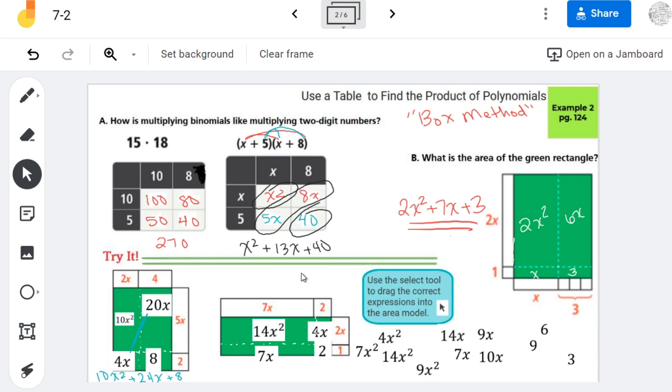So now that we filled in that area model, now I'm going to collect those like terms. And the only like terms I have between these four numbers is the 7x and the 4x. So I have 14x squared, and 7 and 4, that's 11x, and then I have a plus 2.